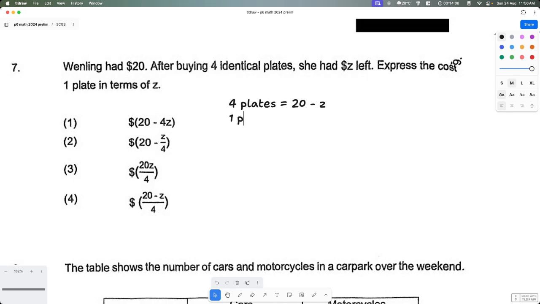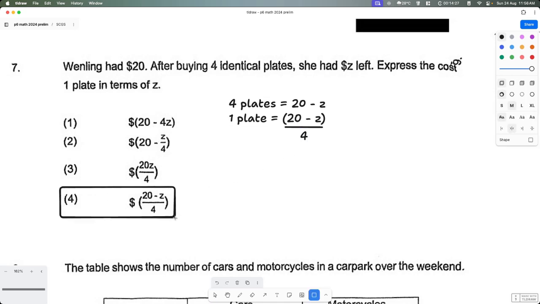So one plate is equal to bracket 20 minus Z, and then we divide by 4. What is closest to this is option number 4.